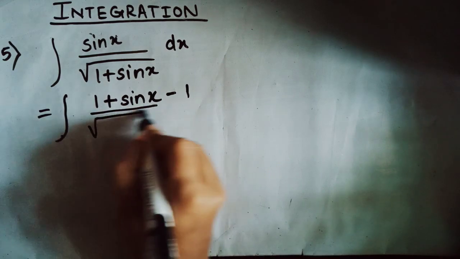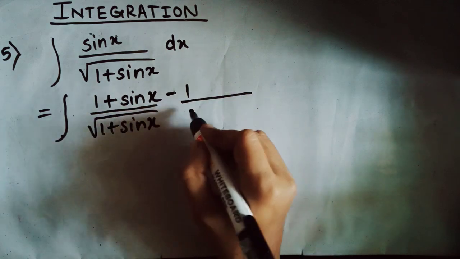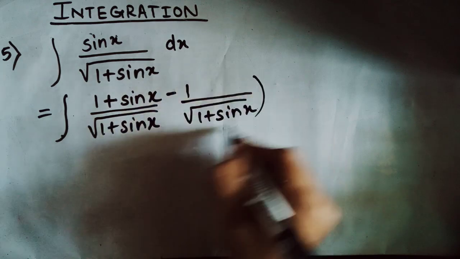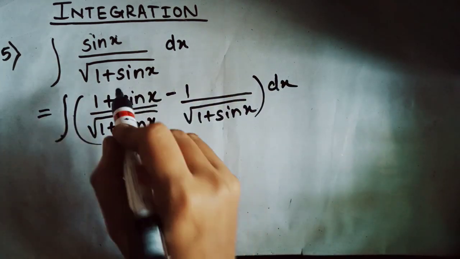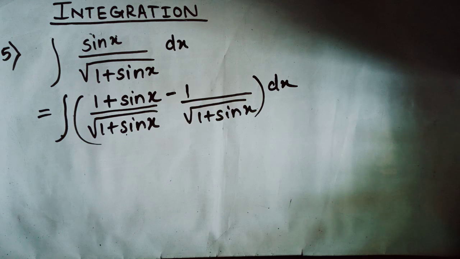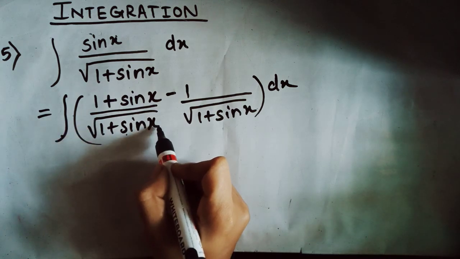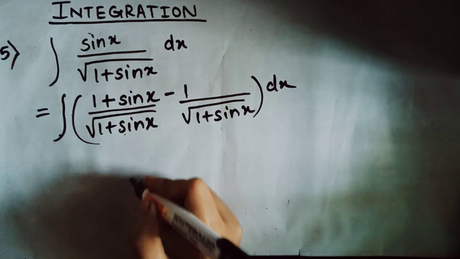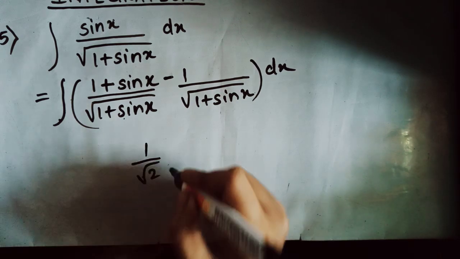So this will become root of 1 plus sin x upon root of 1 plus sin x dx. So this root will go in the numerator, that is, if I multiply this by 1 plus sin x and 1 plus sin x root, it is like 1 upon root 2 suppose is there.